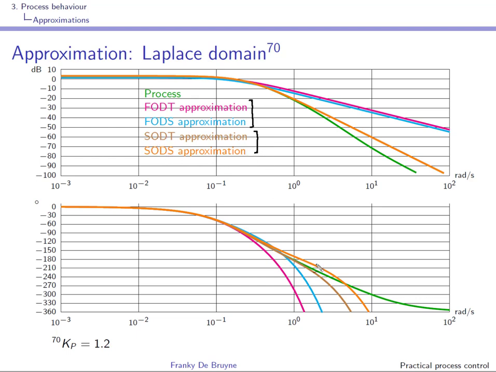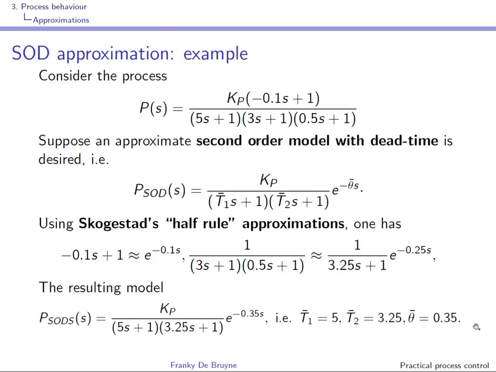So at the high frequencies the phase will go to minus infinity, but you can still see that with these second order approximations, we do a better job in approximating the original system, and we have a slight preference for the second order system that had resulted from Skogestad's half rule approximation.